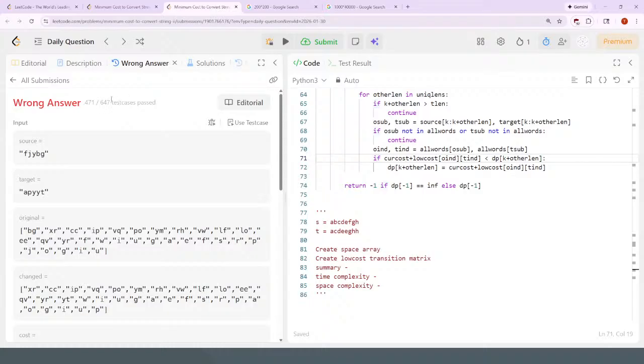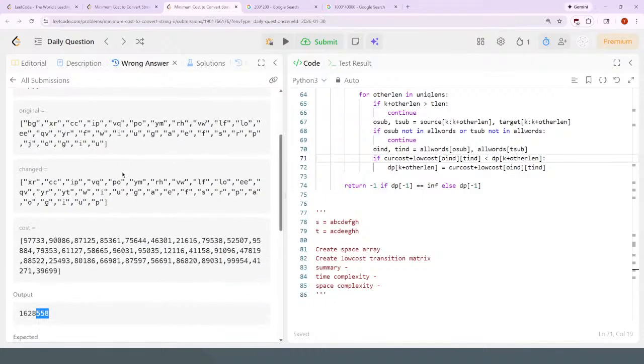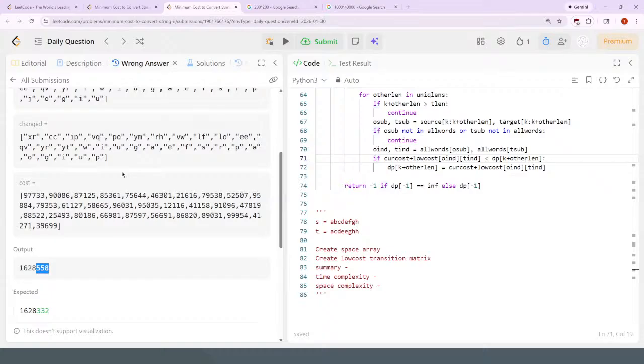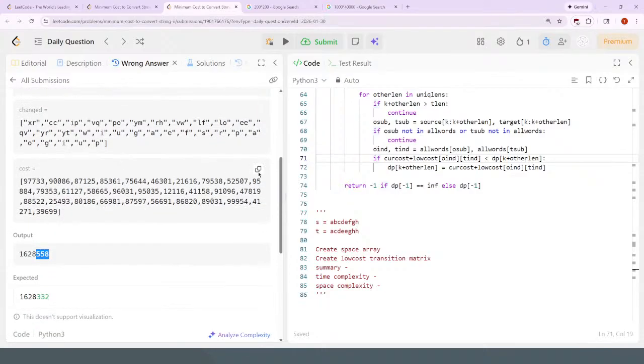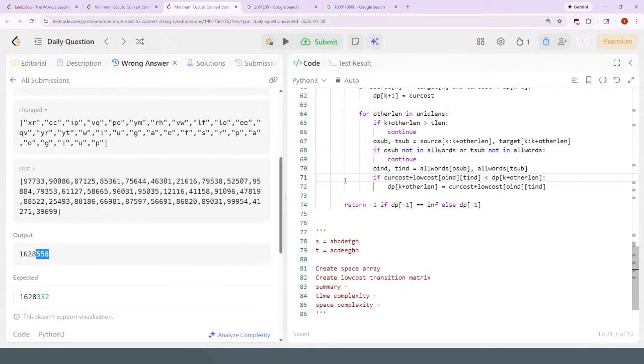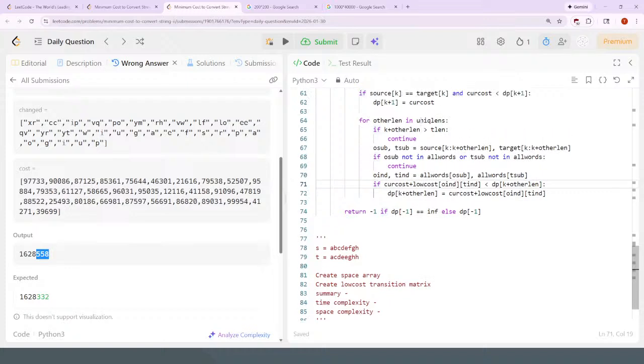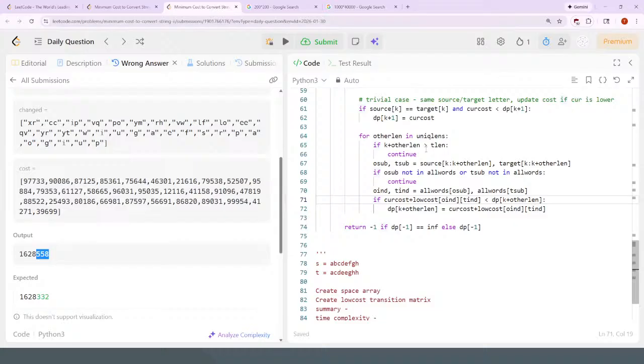This is a lot of test cases before this thing failed. I wonder what I did wrong. Every other length in lengths, case greater than... It's not possible, skip from source to target.